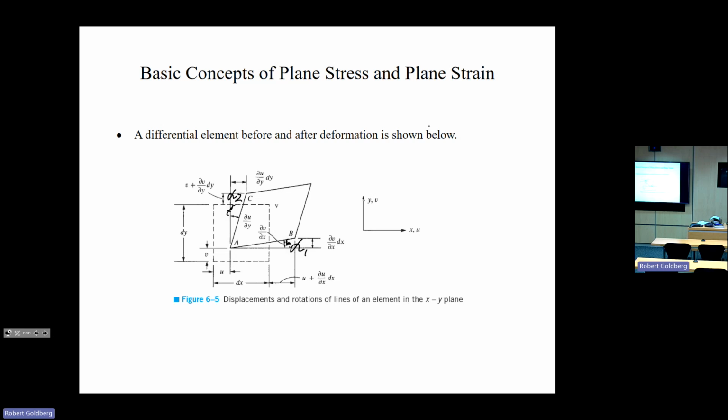For example, the tangent of alpha 2, opposite divided by adjacent, is equal to v plus delta v delta y dy divided by the adjacent, which is this length here, which is v.